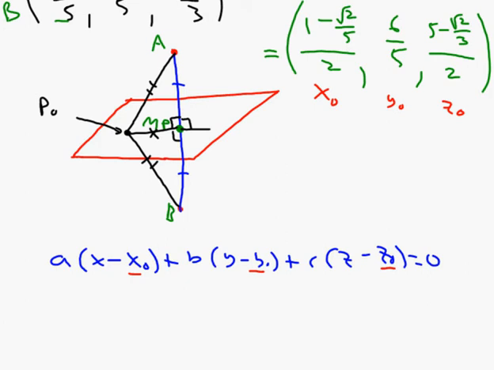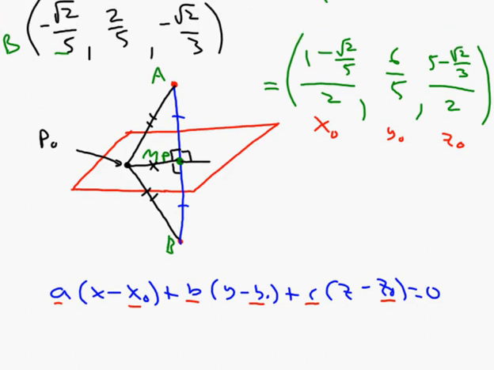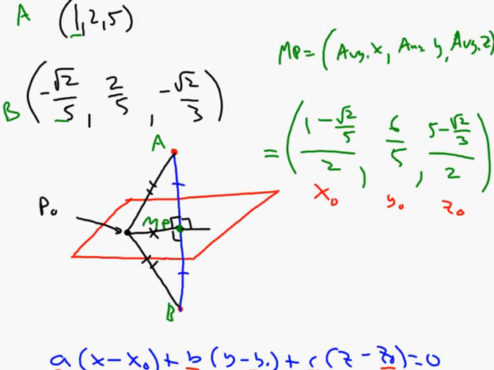A, B, and C, these are the coordinates of the normal vector to the plane. But you know the direction of the normal vector. The direction of the normal vector is the direction of the line segment from B to A. So I can create that vector pretty quickly if I just subtract the points.